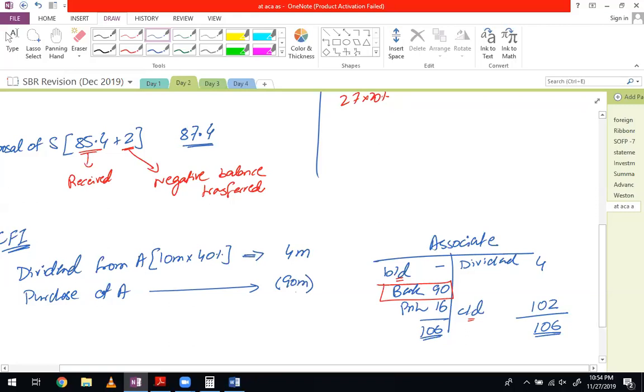So that 90 million is going to be a negative balance in the investing activities. And the disposal of subsidiary, which was 87.4, should also be added over here.